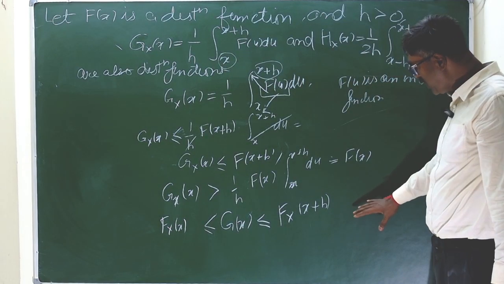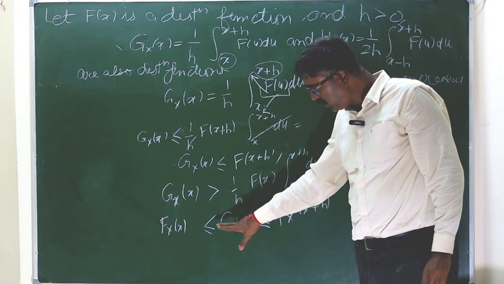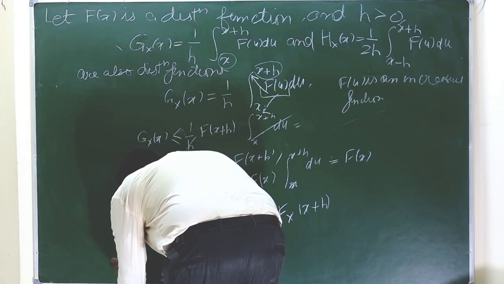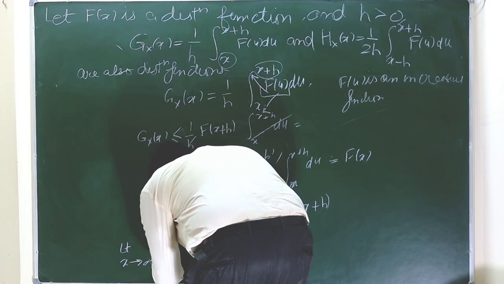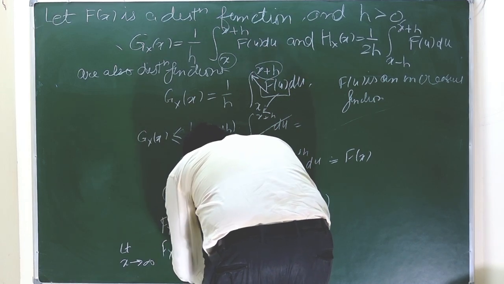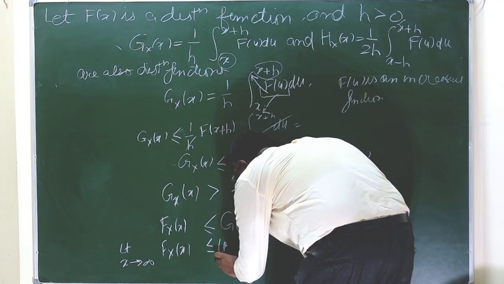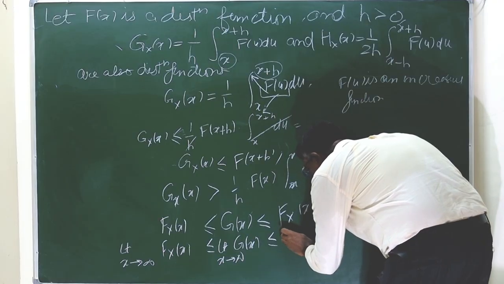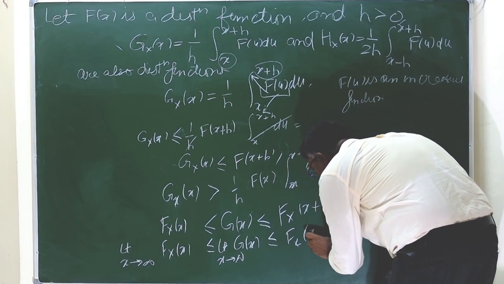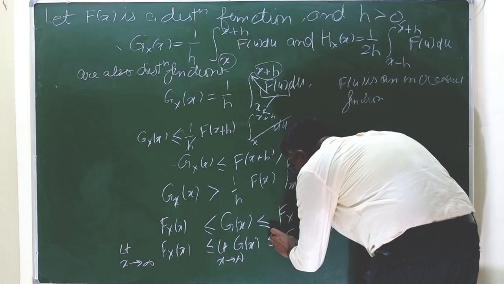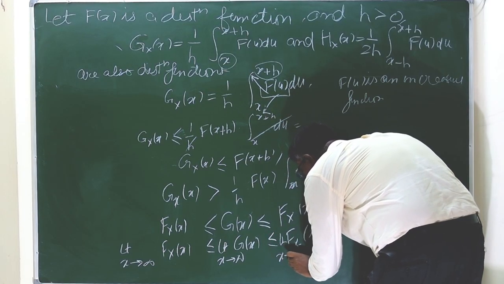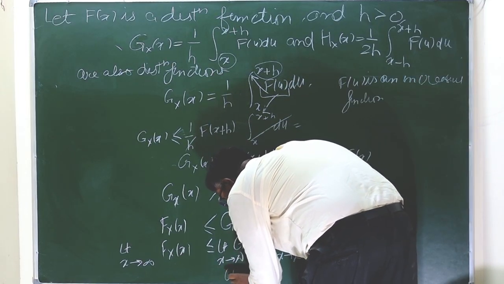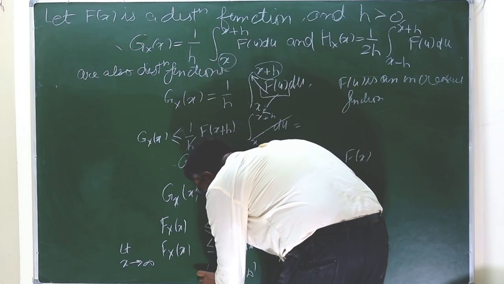Now we will take the limits of x at plus infinity and minus infinity. So if we take the limit x tends to plus infinity of f of x and limit of g(x), we know that this function is 1, this is g at plus infinity, and this function is always 1.